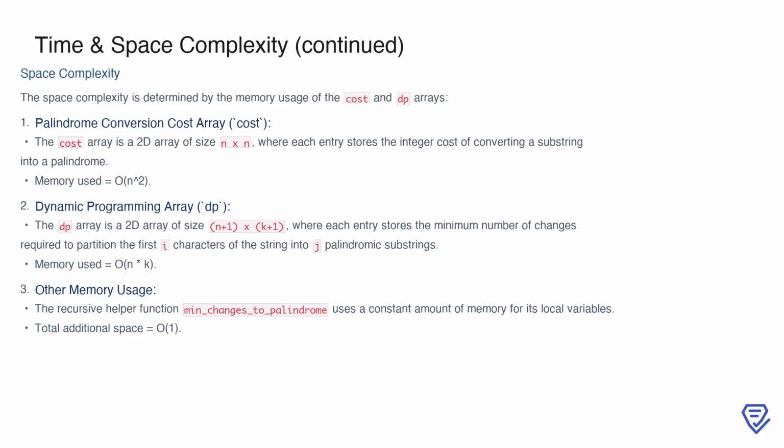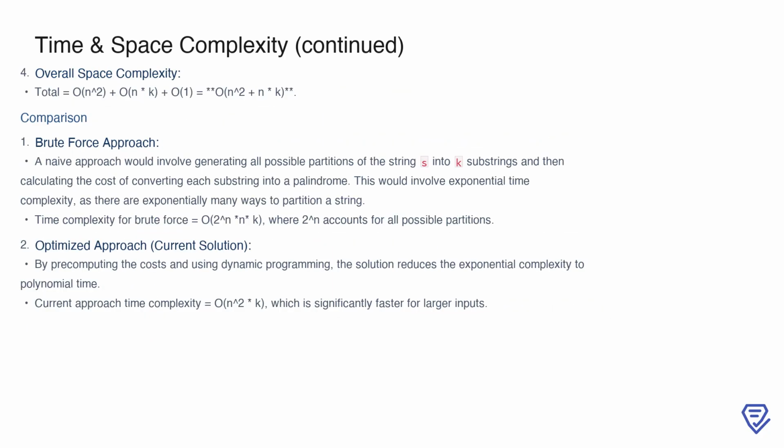Additionally, the helper function min_changes_to_palindrome only uses a constant amount of memory for its local variables, contributing O(1) to the total space. Thus, the overall space complexity is the sum of these components: O(n squared) for the cost array, O(n*k) for the dp array, and O(1) for the constant memory usage. When we combine all the components, the overall space complexity becomes O(n squared + n*k). This is the total memory required for the solution.